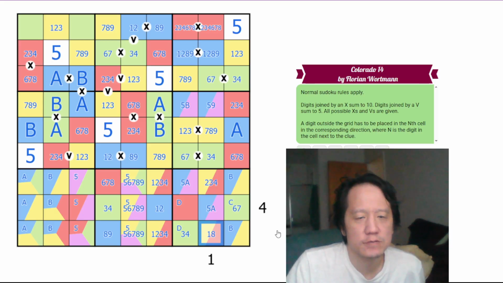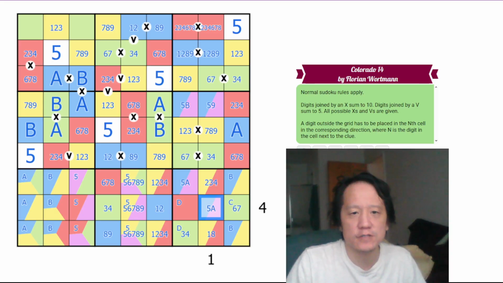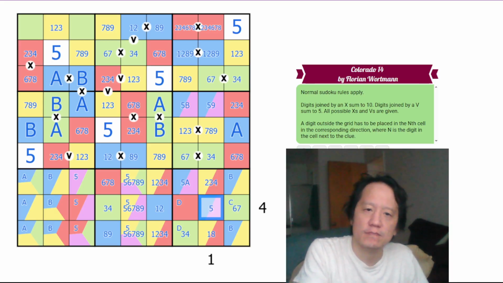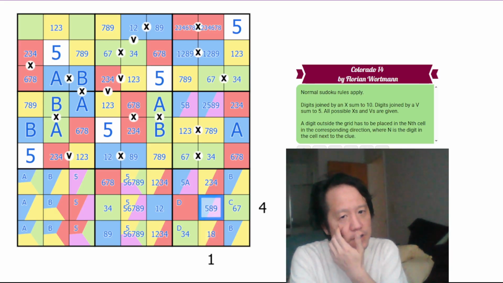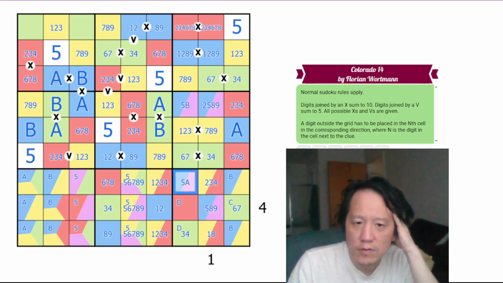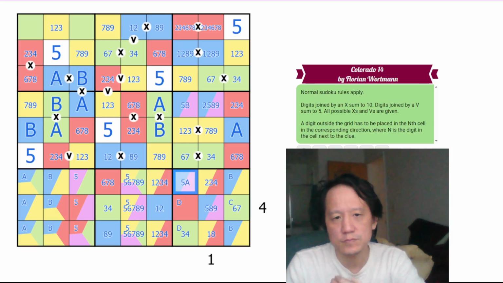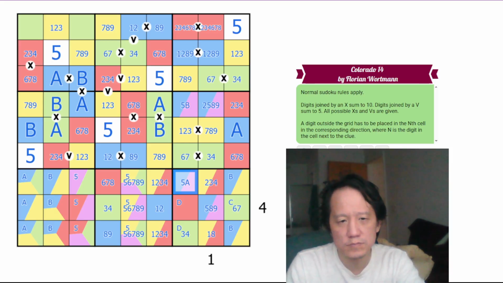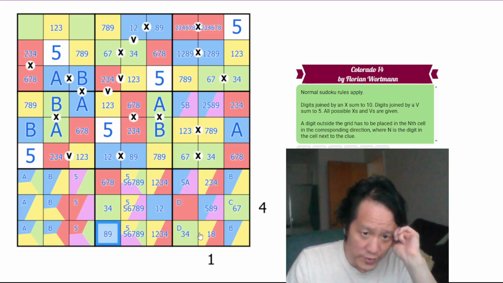That's interesting. So this is... We have... this is 5, 2, 5, 8, or 9. Right. This can't be low, so this is 5, 8, or 9 here. We know one of these 2 is 8.